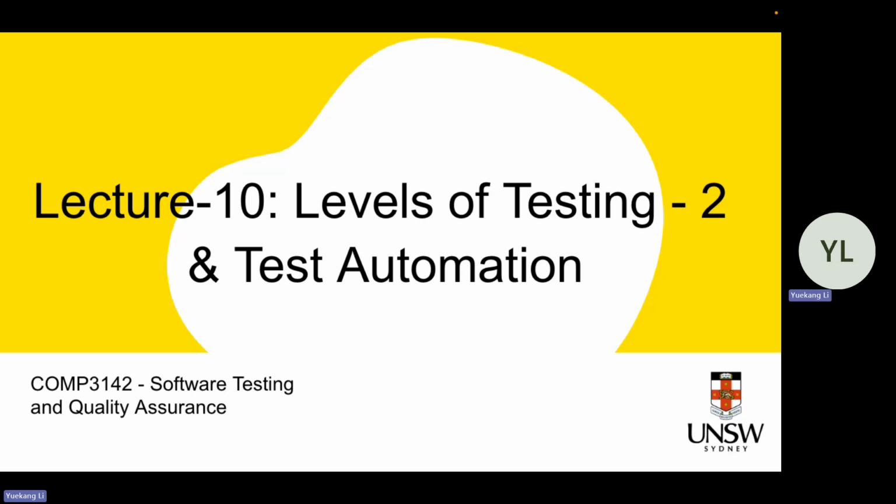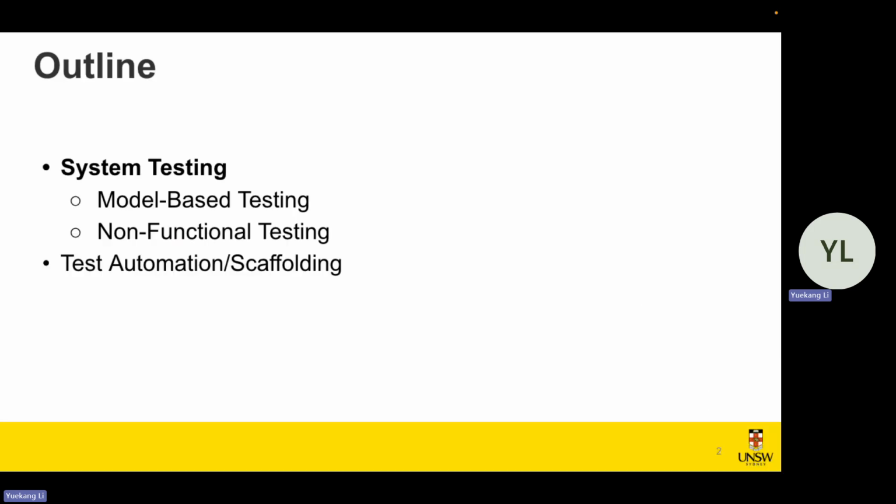We will be covering unit testing, integration testing, and system testing in detail, like we have discussed. Yesterday we covered unit testing and integration testing, and now let's learn system testing. We will also be learning some test automation and scaffolding techniques today.